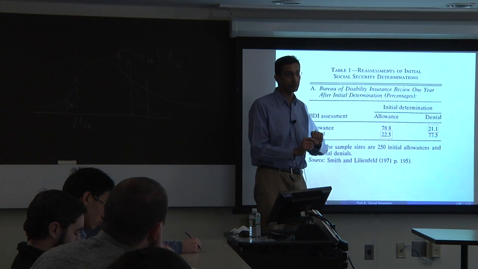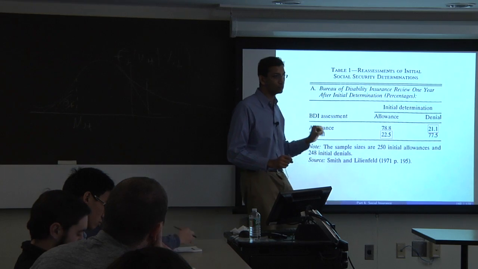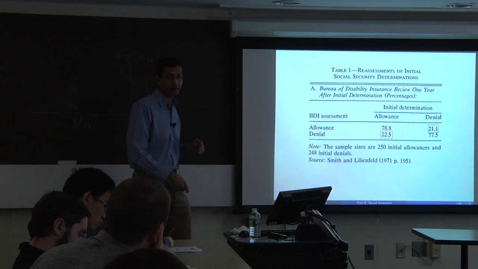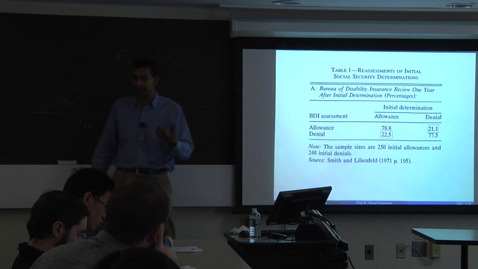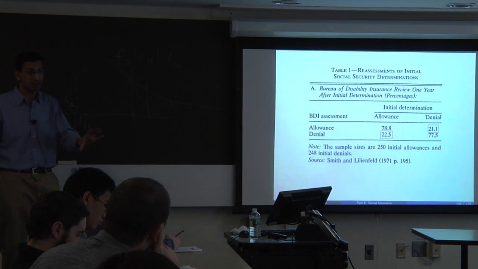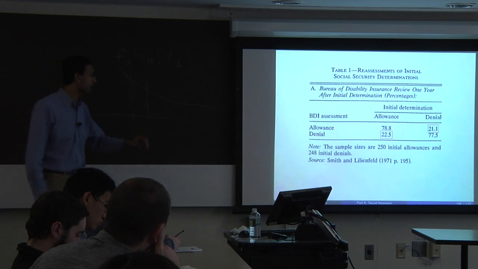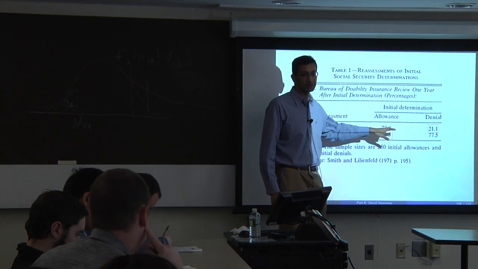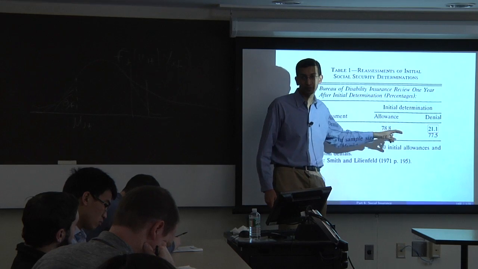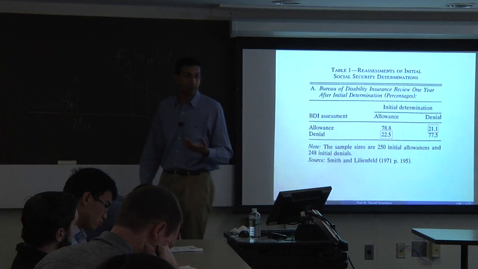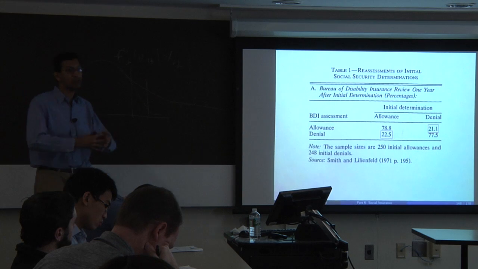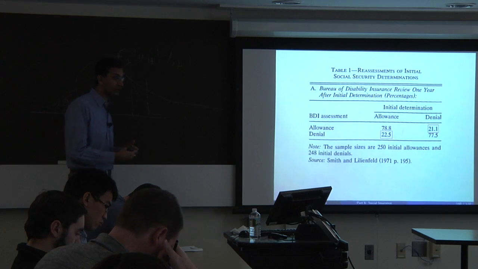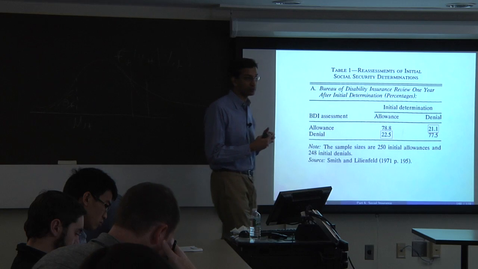If you're able to perfectly figure out who's DI eligible and who's ineligible, all the mass should be on the diagonal. Everybody who was allowed initially should be allowed the second time, since it's the same exact file, and similarly for the denials. You can see that in fact there are a significant number of type 1 and type 2 errors, roughly 20% for both. So there's quite a bit of disagreement even among the experts themselves, who are presented the same information, about whether people are eligible for disability insurance or not.